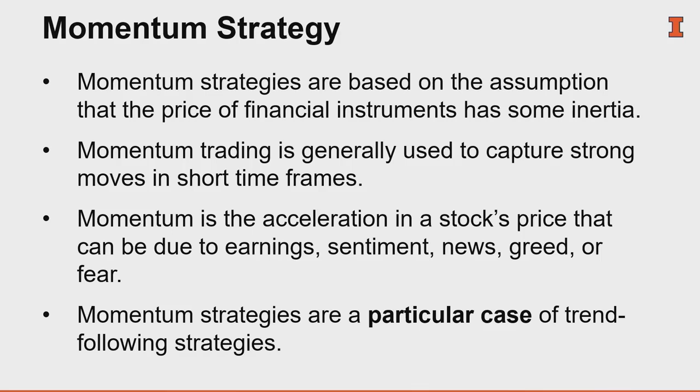Another strategy is momentum strategy. And this is based on the assumption that the price of the financial instrument has some inertia. So if it's going in a direction, it'll keep on going in that direction, be it up or down. And it's usually used to capture moves in a short time frame. So if you see a surge in the price, you might want to jump on that bandwagon, or if you see a fall in the price, you might want to make the right decisions based on that.